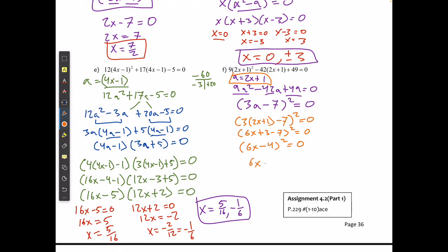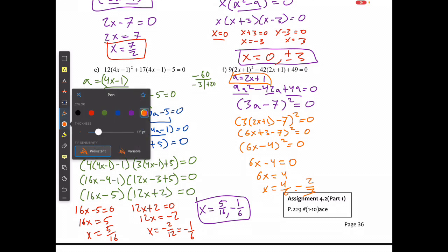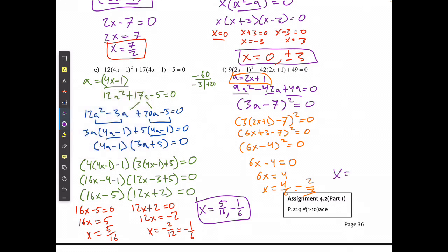If 6x minus 4 is equal to 0, then 6x is going to equal 4, or x is going to equal 4 over 6, which would equal 2 over 3. And I can state that x would equal 2 over 3 to make this balance out.